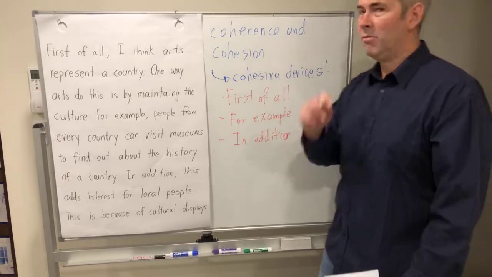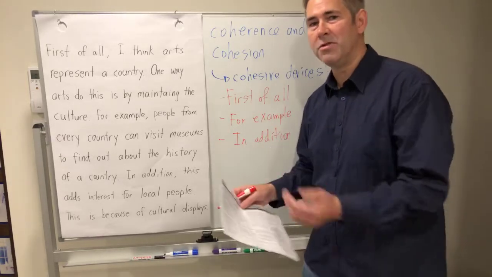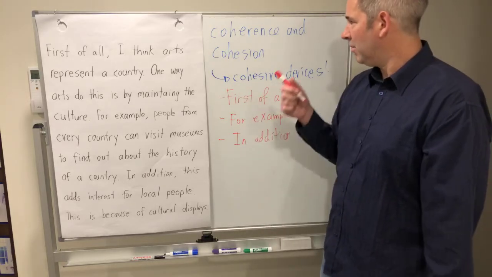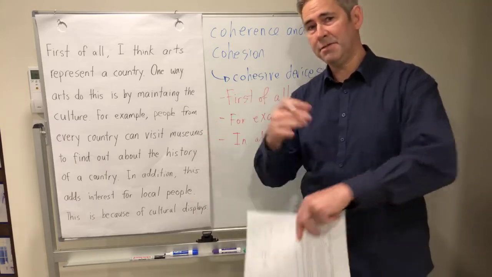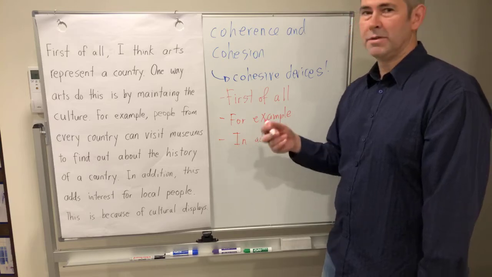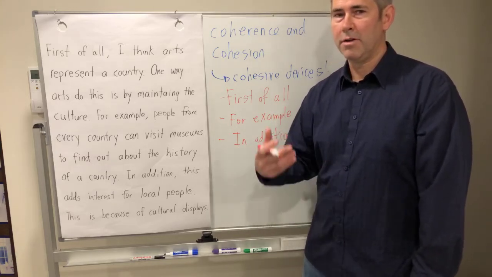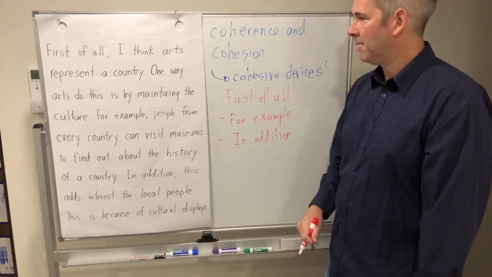Now, with cohesive devices, just like complex sentences, the more that you use, the better, essentially. So I think the student is doing really well in terms of incorporating cohesive devices into this main body paragraph to improve the readability, to let the reader follow their argument. So that's definitely a positive.